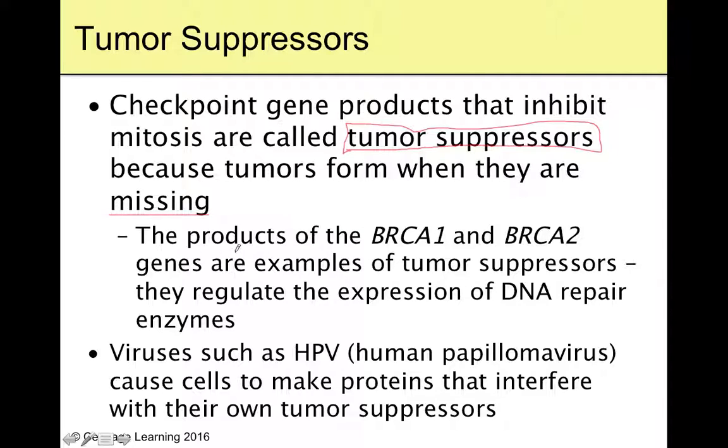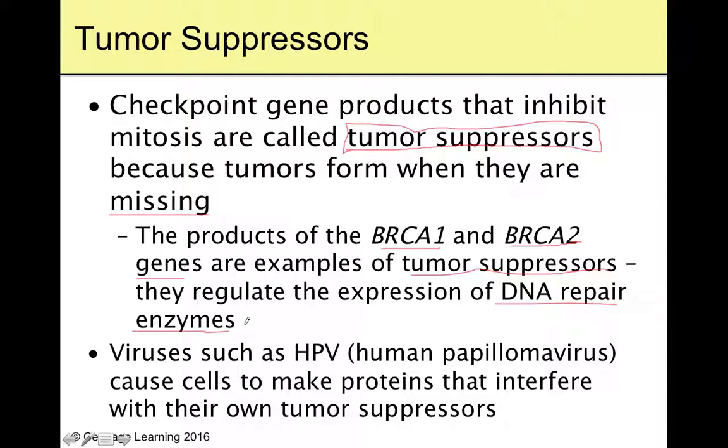So some examples of this, the products of BRCA1 and BRCA2, these are both genes, and these genes are examples of tumor suppressors. They regulate the expression of DNA repair enzymes. So this is kind of a lot to take in, but if this gene is working and this gene is working, they code for proteins that become DNA repair enzymes.